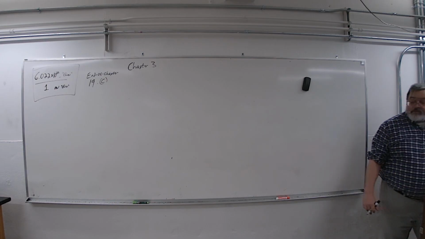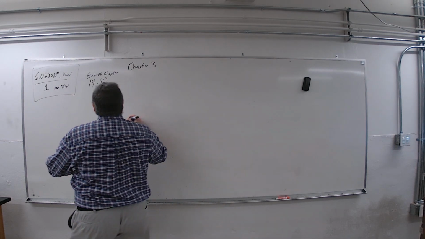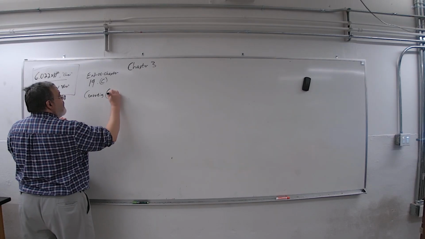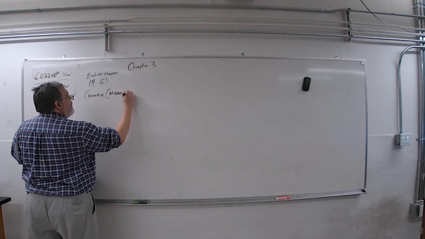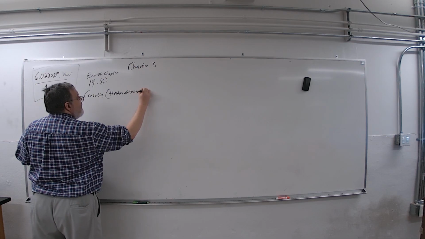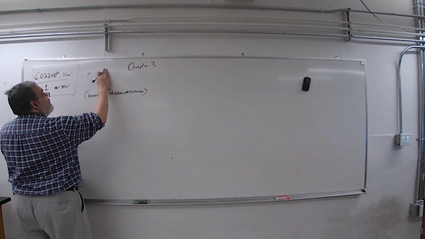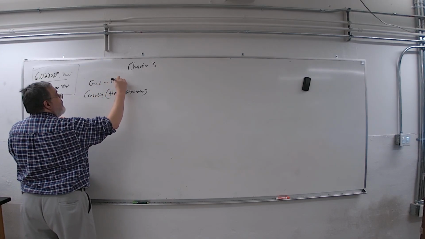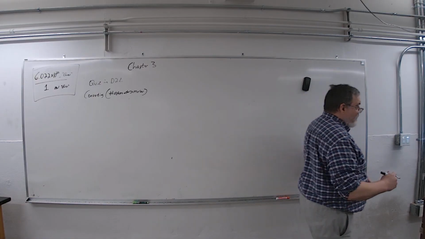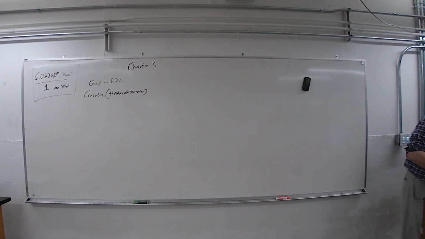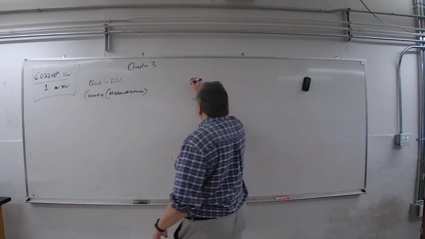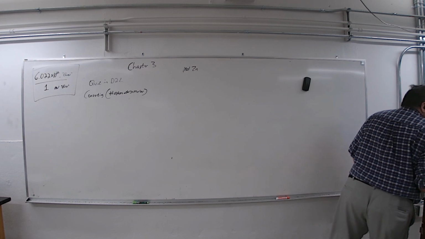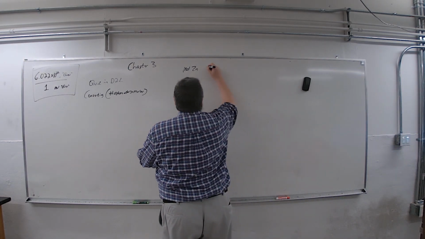Okay, converting number of atoms in moles. This is ND2. How many moles of zinc atoms are in 2.91 times 10 to the 23?